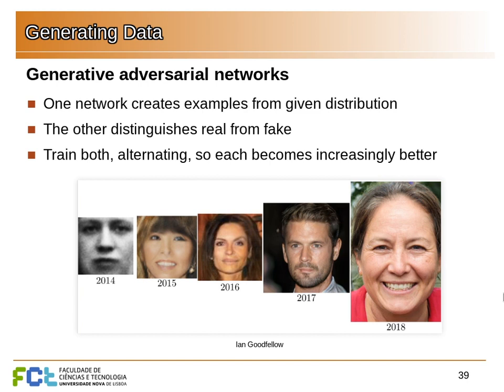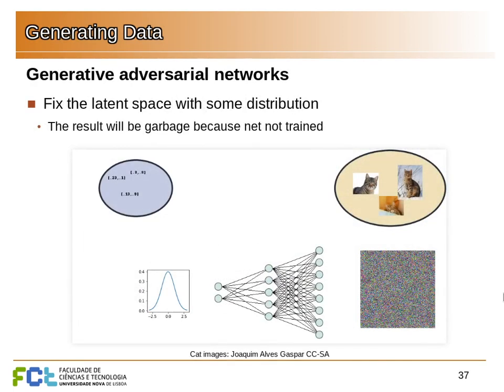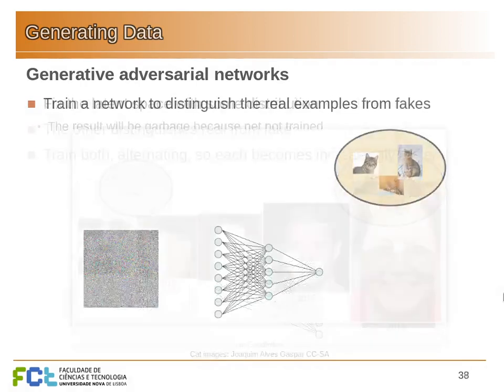So this is one way of solving the problem of figuring out the distribution of the latent space, which is basically to fix that distribution and train the decoder in order to give us the right results.